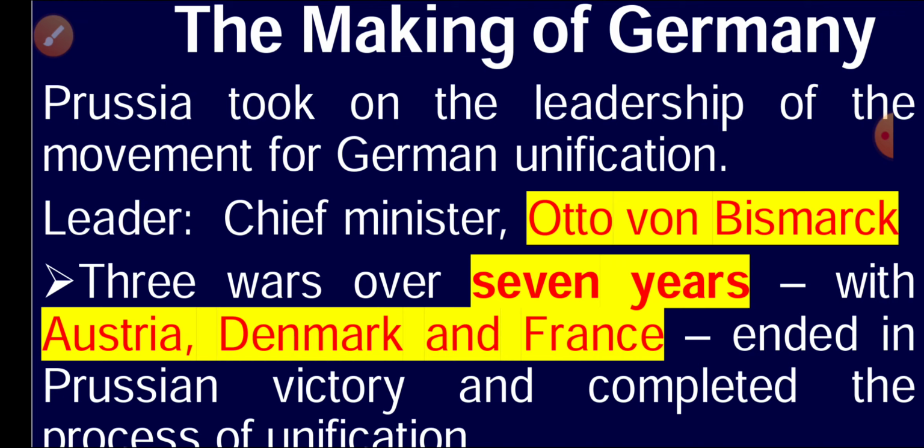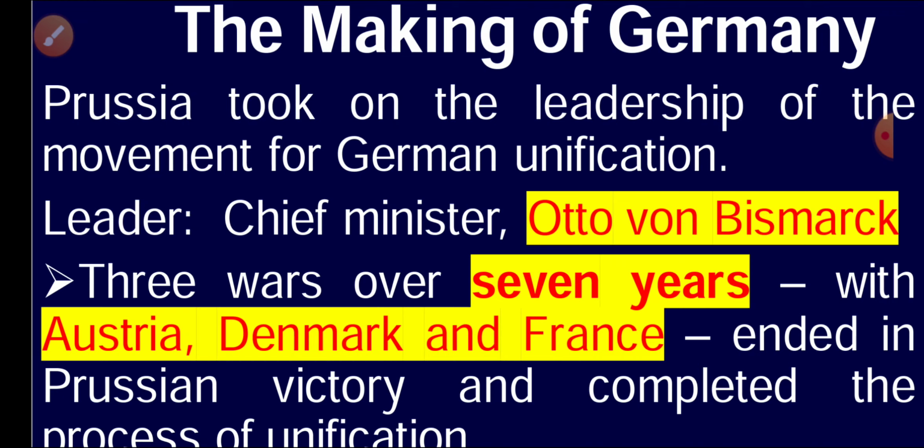In the next few years, another nationalist of Germany, or from Prussia, you may say, Otto von Bismarck. You might see this highlighted name, Otto von Bismarck, who is also known as Iron Man.